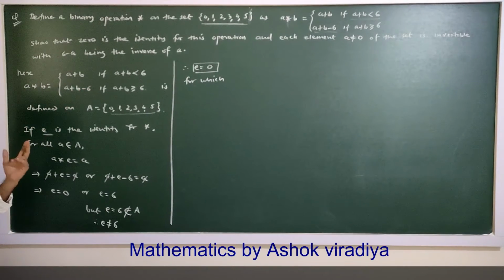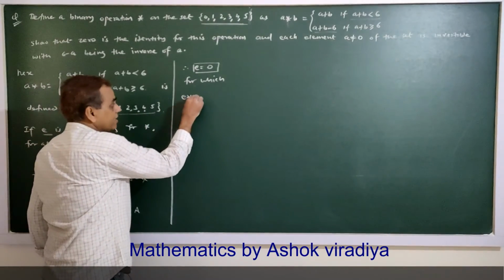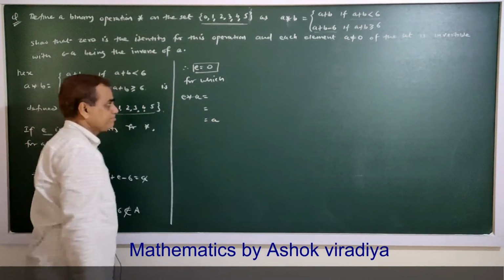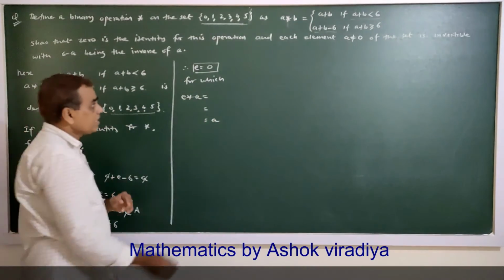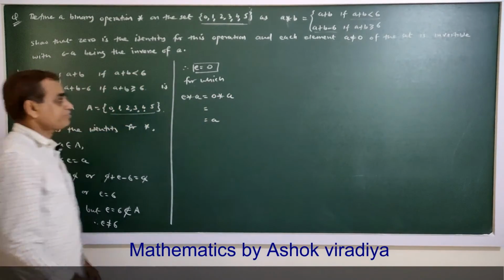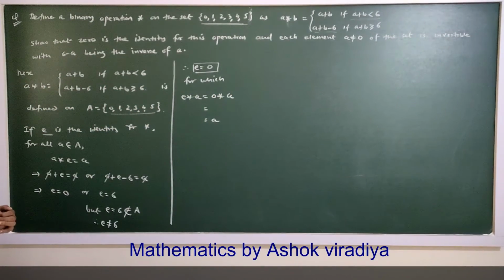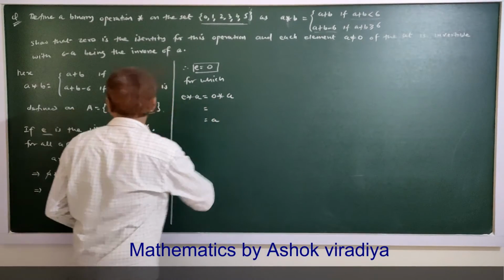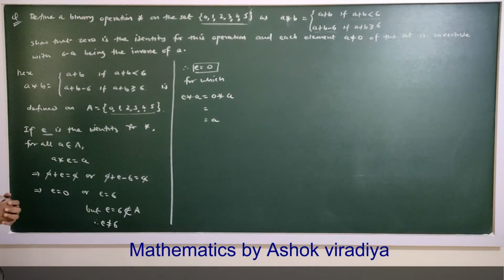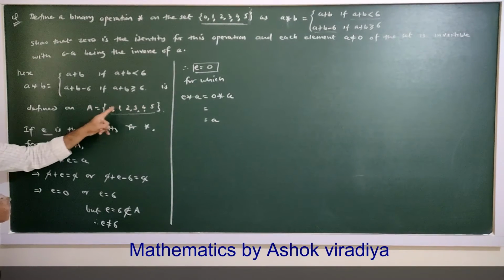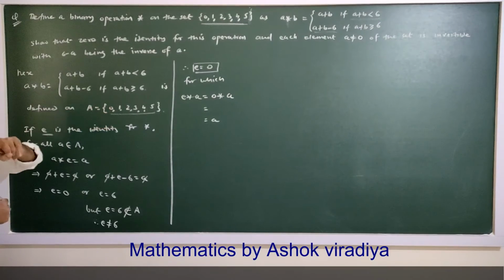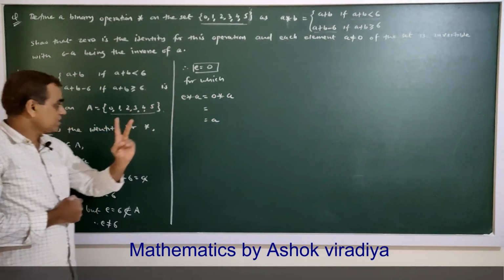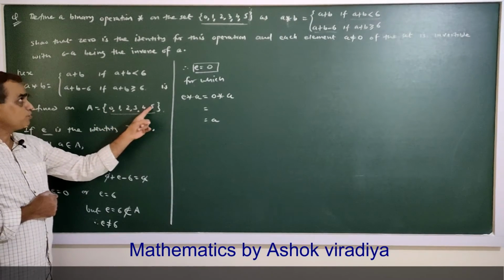This is obtained from A star E equal to A. Now we check for this value of E, star A equal to A. E star A is 0 star A. Now 0 star A means the numbers 0 and A. Now A is in this set, so 0 plus A, the sum of these numbers, will be maximum 5.